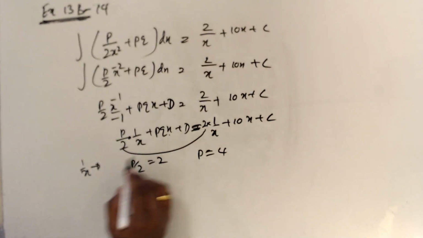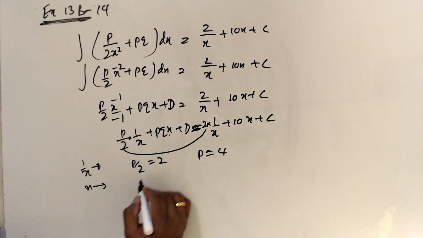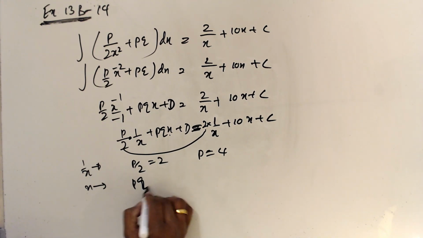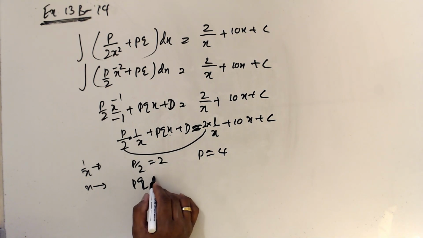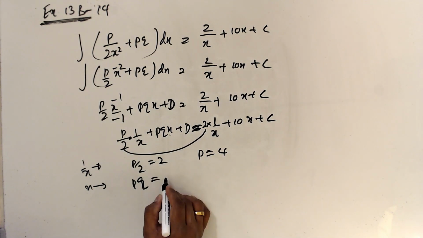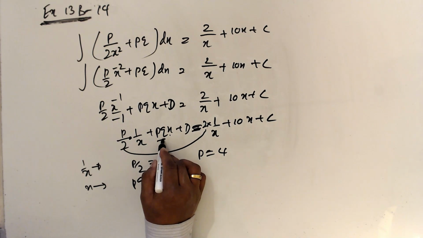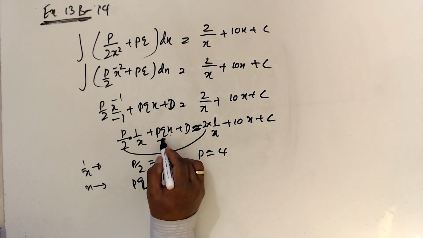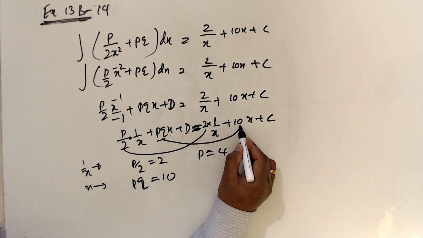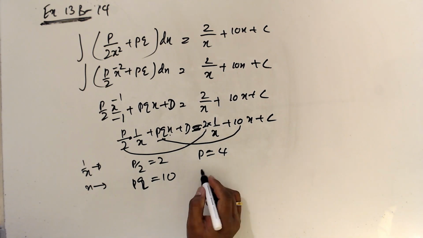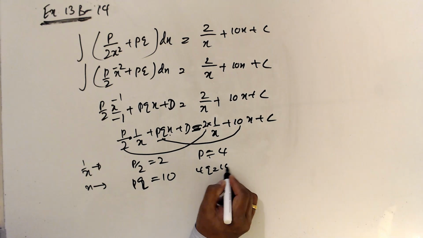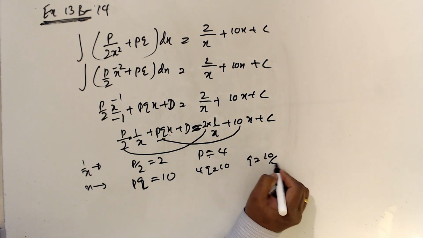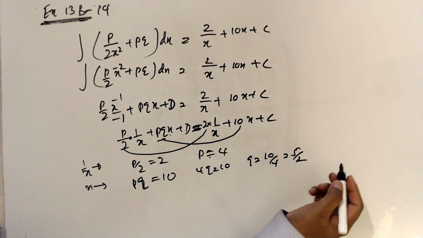Then the coefficient of x: pq equal 10. This should be equal separately because this is x. Then you know p value is 4, 4 times q is 10, q equals 10 divided by 4, 5 by 2.